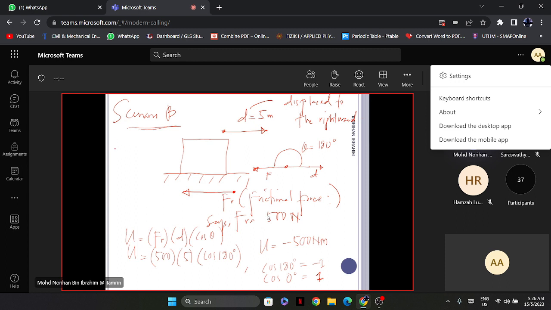So 1 Newton meter is equal to 1 joule, 1 J. So you can write down the answer for this: U is equal to minus 500 J, capital letter J, joule. Satu joule sama dengan 1 Newton meter. You can use either one of these units to represent work. That is the scenario B.